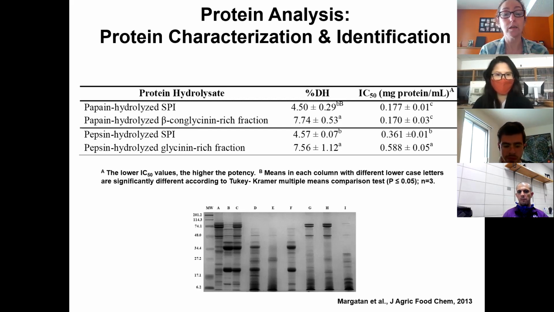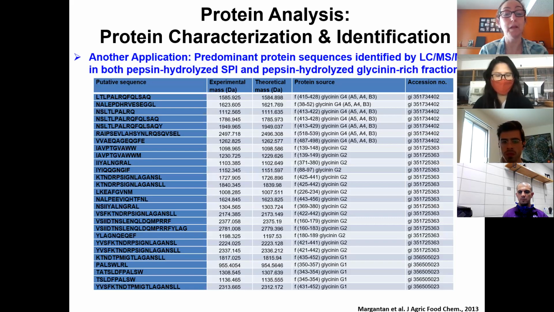So what we did is we isolated the fractions and hydrolyzed them with the same enzymes, and we looked at the peptides that were generated. We used LC-MS to determine the peptides generated upon hydrolysis, whether hydrolyzed as an isolate or as a pure fraction.